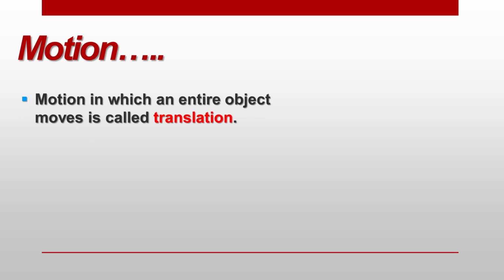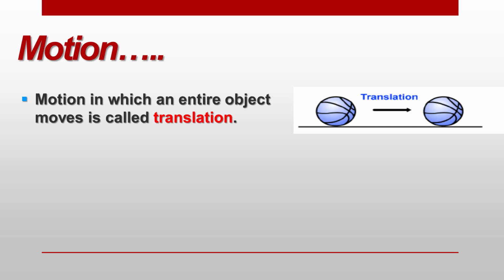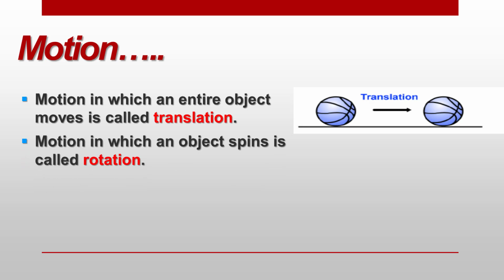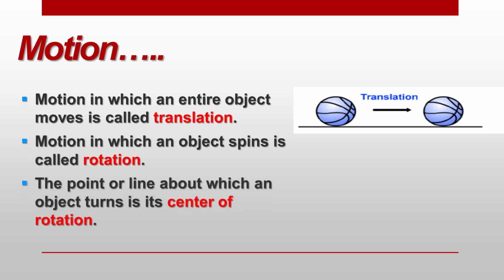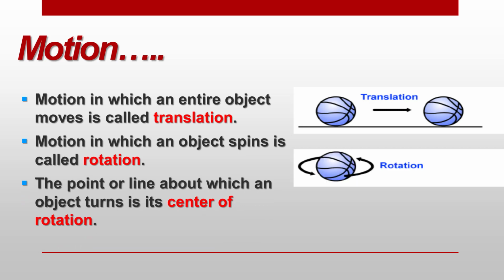Okay, motion in which an entire object moves is called translation. Like if we are pushing the ball, then it will start translational motion. And motion in which an object spins is called rotation. The point or line about which an object turns is its center of rotation.